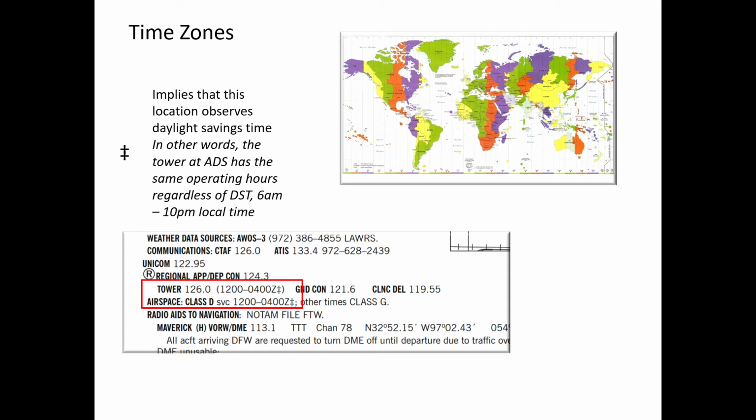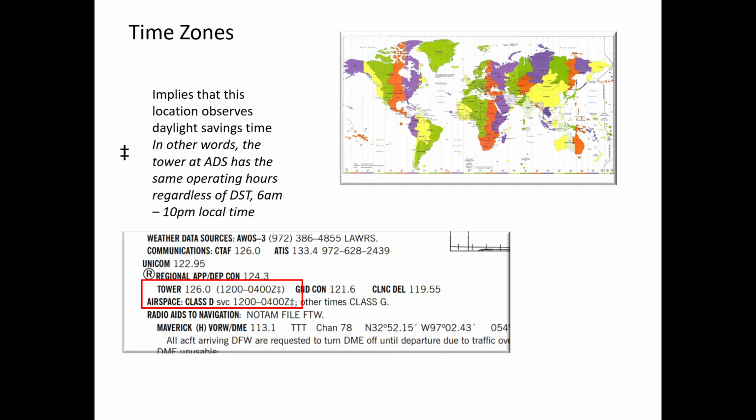So for example, today is April 3rd, 2020, and it's after the daylight savings time period. So with respect to Zulu time, time in Texas is 5 hours behind.